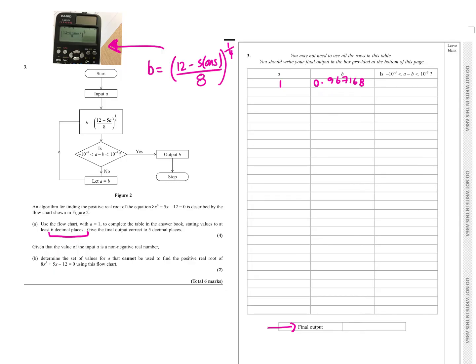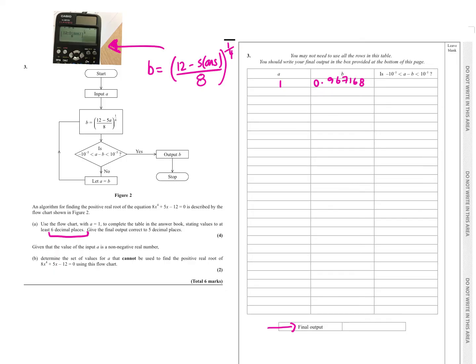What I'm going to think about, what is minus 10 to the minus 5? Okay, maybe I have to set this up again. Guys, I'm going to set this up again. So on my calculator, I'm going to do minus 10 to the power of negative 5. Okay, and it gives me minus 1 times 10 to the minus 5 on my calculator. But do you know what? I'm an A-level maths student, and I did standard form in year 11, didn't I?